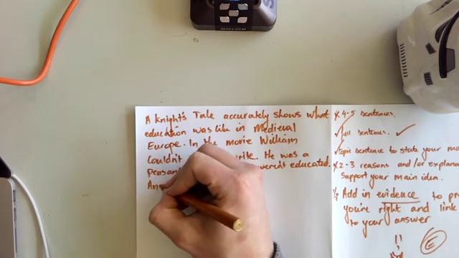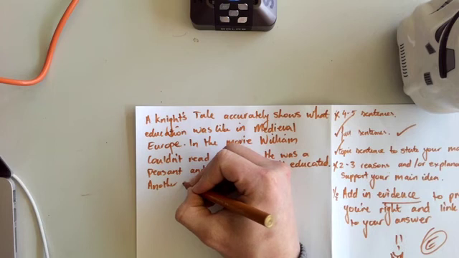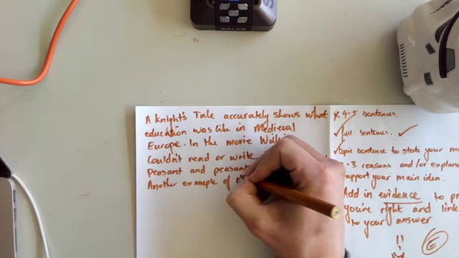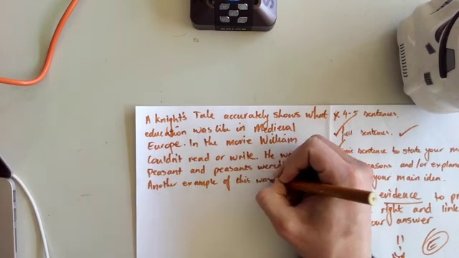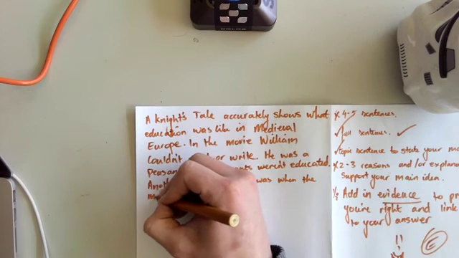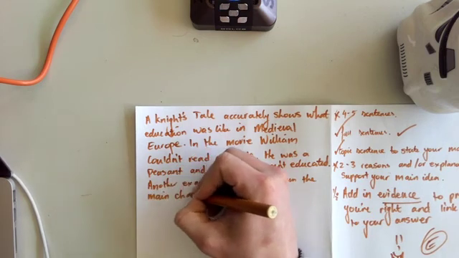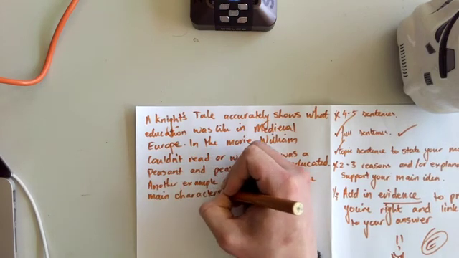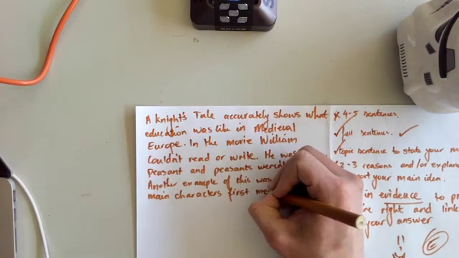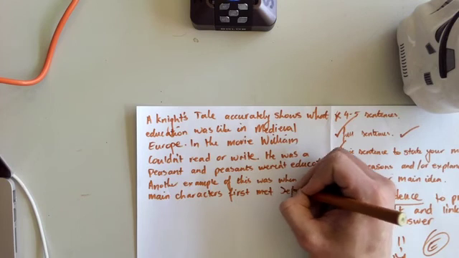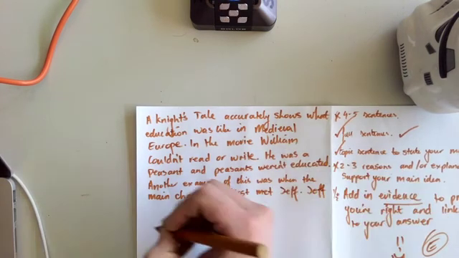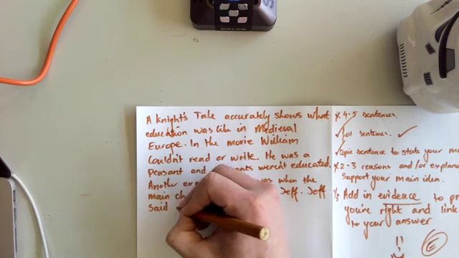Another example of this was when the main characters first met Jeff. Jeff said that he was trudging.